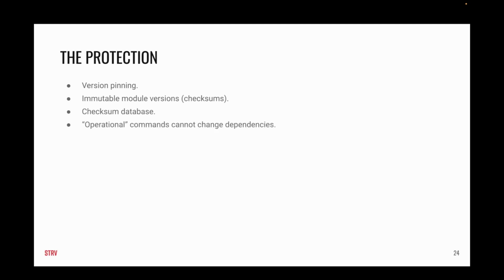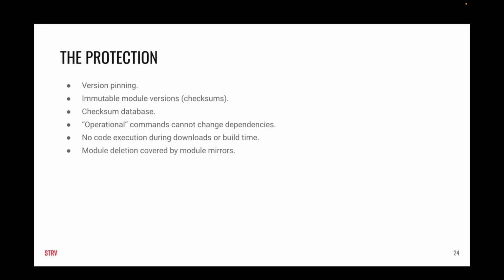None of the operational commands that you usually run, whether you are building or running your code, change these files. So go.mod and go.sum are only your responsibility, and none of the usual commands can override them. No code is executed, so you don't have to worry about some scripts running when you download the modules or build your code.